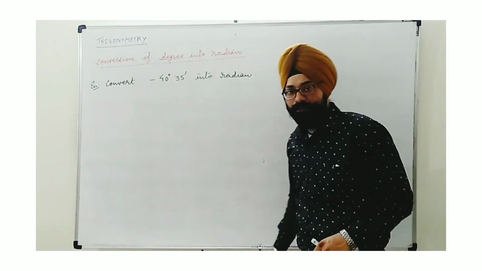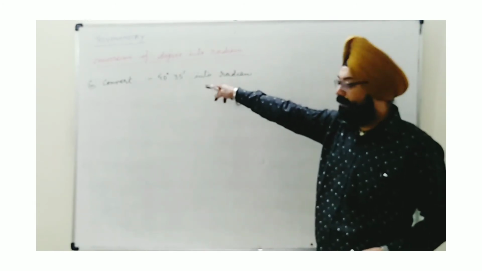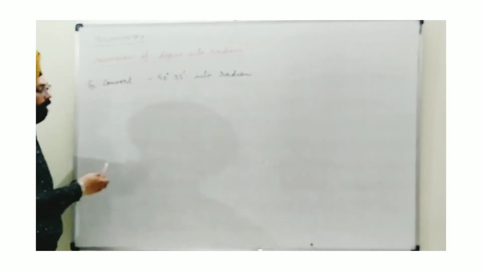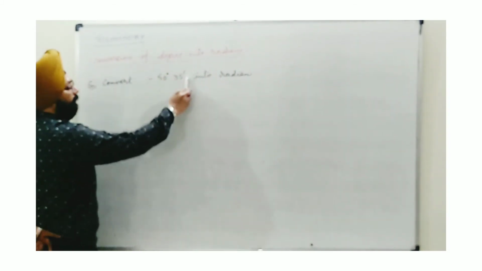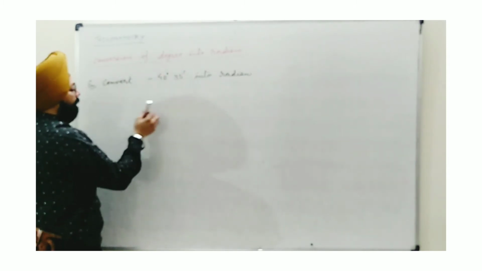I have taken the next question. As you can see, negative angle, minus 40 degree 35 minutes into radian. We need to convert. The first thing, here we will take this portion and we will get a complete form in degree.